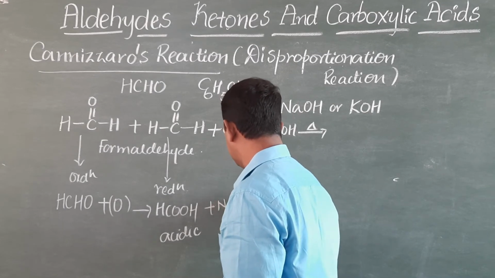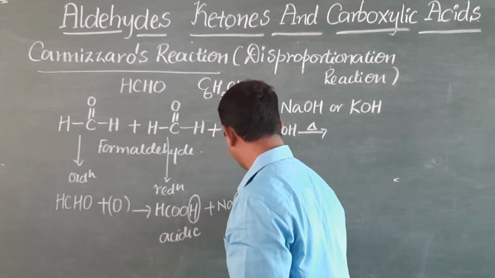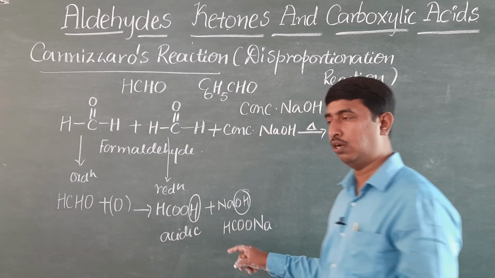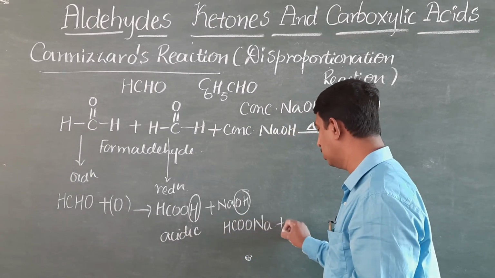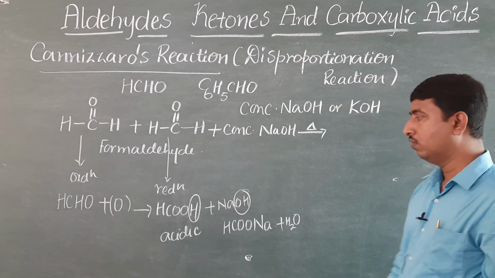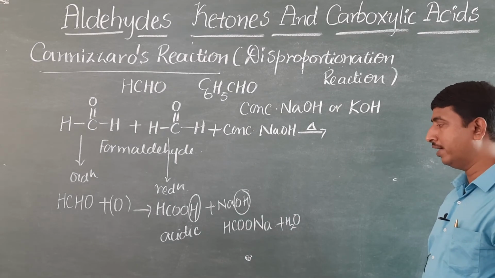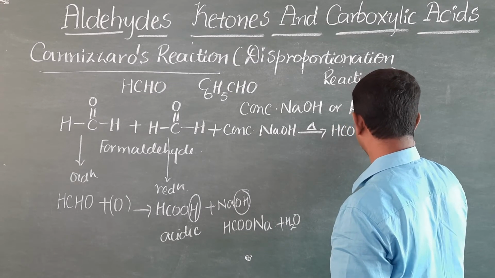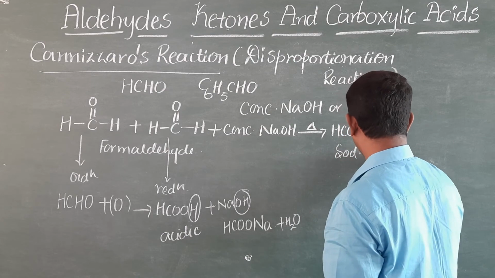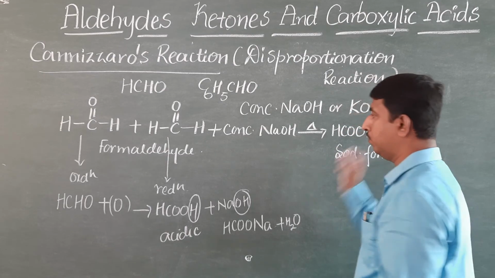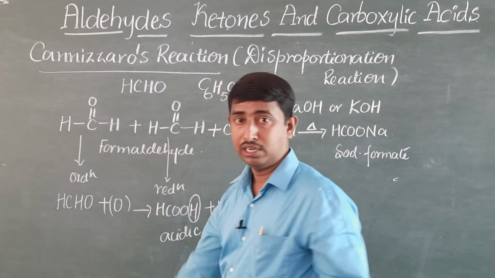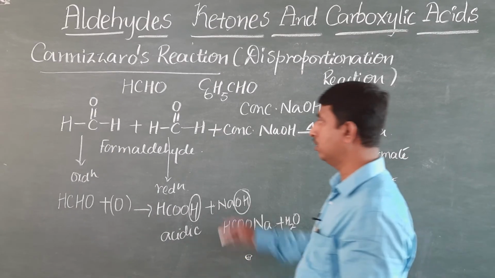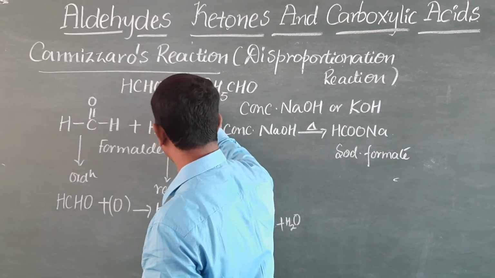So formic acid reacts with sodium hydroxide forming the sodium salt, HCOONa, along with water. So oxidation of formaldehyde gives sodium formate. Now the second molecule undergoes reduction. Reduction means addition of hydrogen across the carbon oxygen double bond.